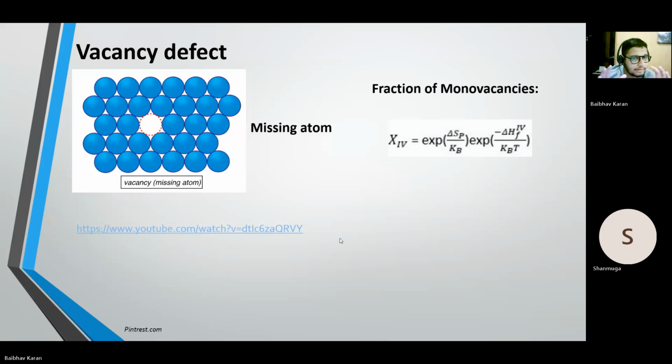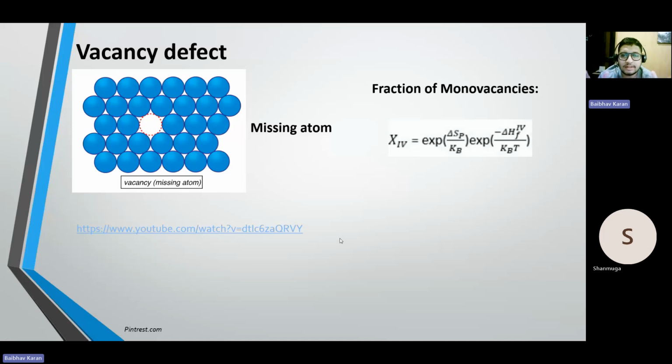Then, discussing mono vacancies and di vacancies, we got to know one point: the energy of the mono vacancy is always higher than the energy of the di vacancies or any other vacancies. So to reduce the energy of the system, di vacancies, tri vacancies, or any other vacancies will always be preferred over mono vacancies.